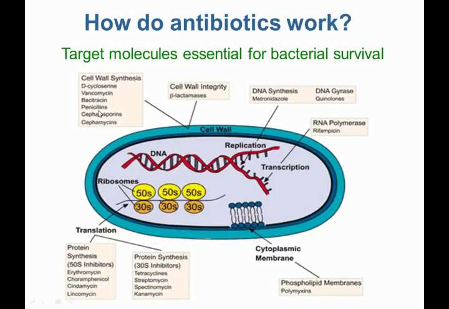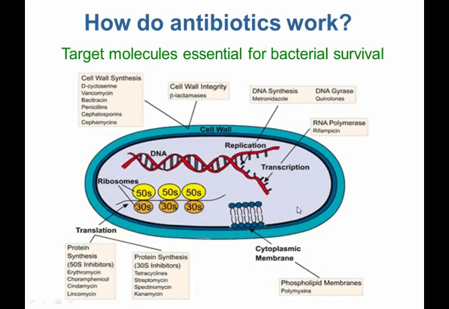So the key, this will be your molecular lesson, and I'll leave it really, really brief here. The take-home message here is, how do antibiotics work? Well, they target molecules essential for bacterial survival. They don't target things that would hurt us. Okay? They target the differences between bacteria and us. So you have things that target DNA replication, transcription, protein synthesis, and cell wall.